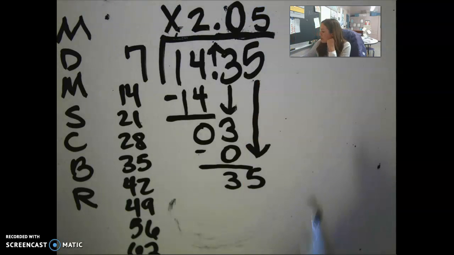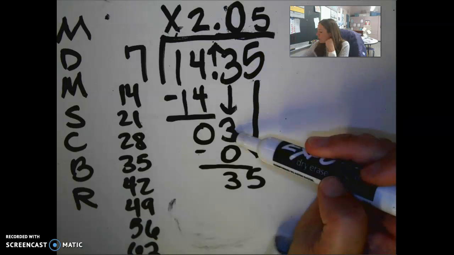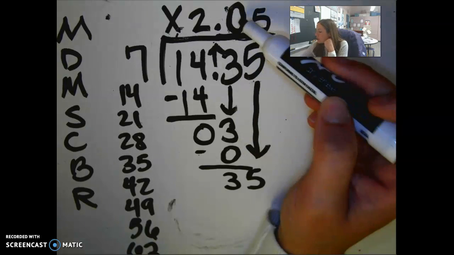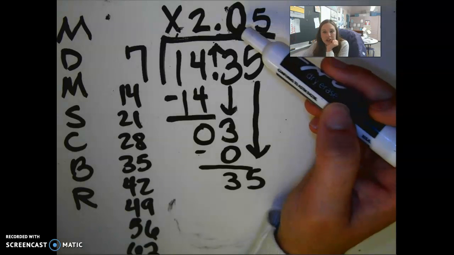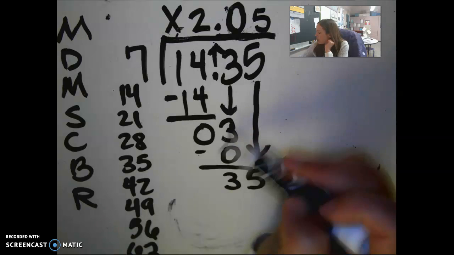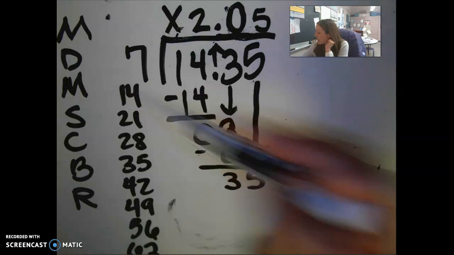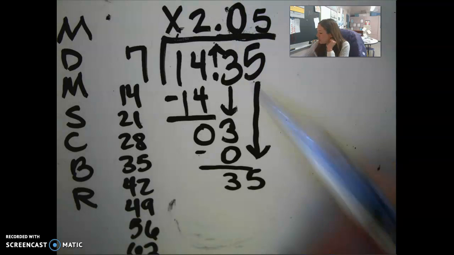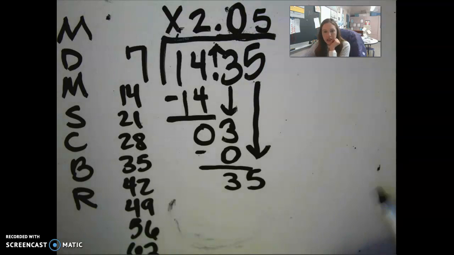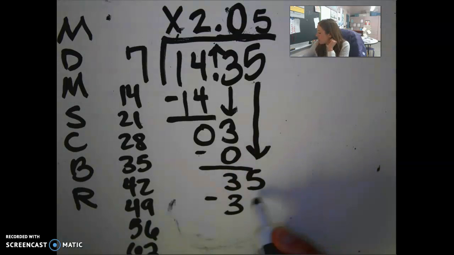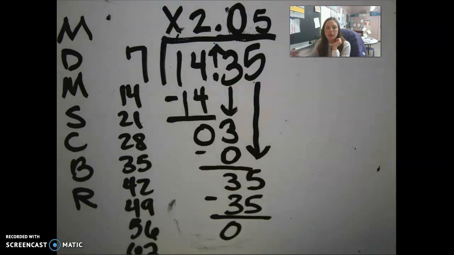Remember, whenever you bring down that digit from the dividend, you're going to have that quotient digit. So whatever number you make here, that's telling you how many times 7 can go into that number, and you're putting it over that digit that you brought down to create that number. And now we can subtract 35 and get 0, so we know we're done.